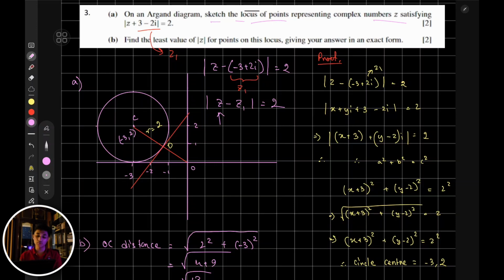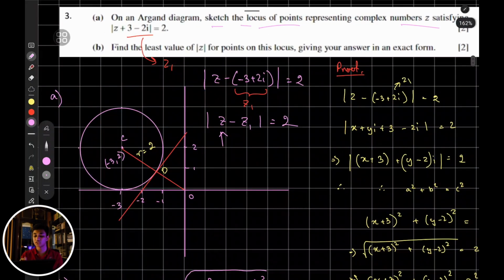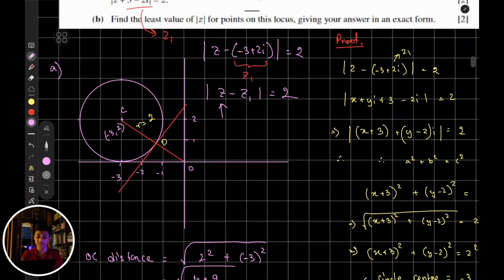So which point is known? z1, which is -3 + 2i, and we've plotted that. Now the question is, where is z? You don't know that. But they've also given you another condition, that the difference between the complex number z and z1 will always give you 2.